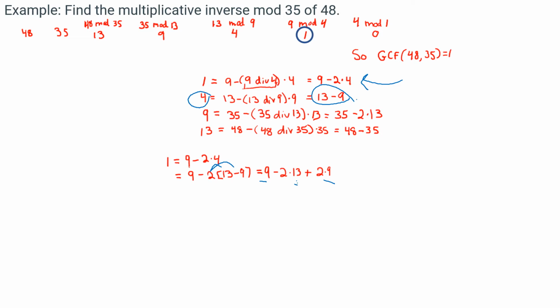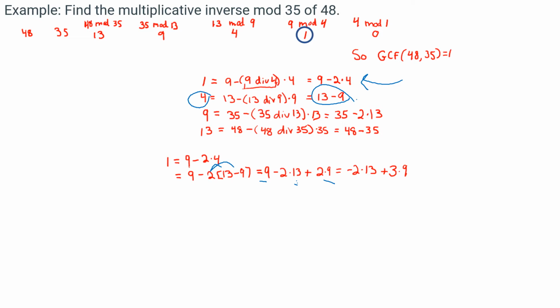But now I've got 1 9 at the beginning, 2 9s at the end, so I'll just combine the 9s. How many 9s were there? There were 3 9s, 1 at the beginning, 2 later. And then how many 13s? We have negative 2 of them.